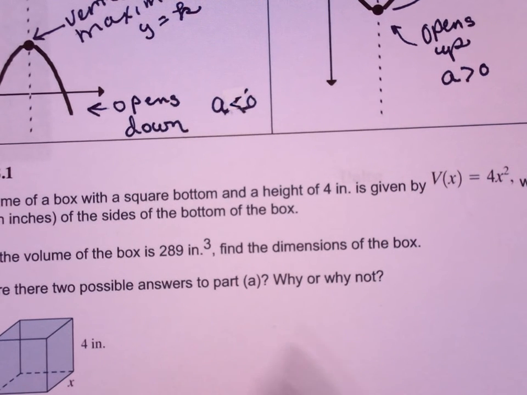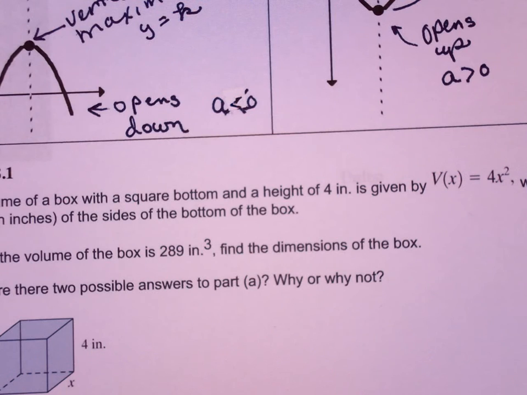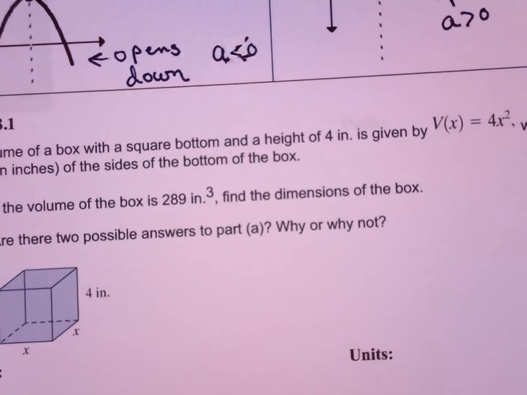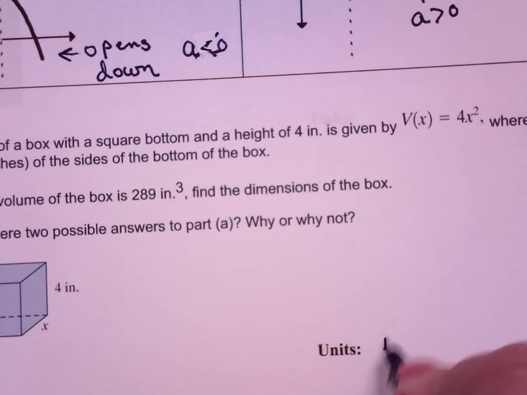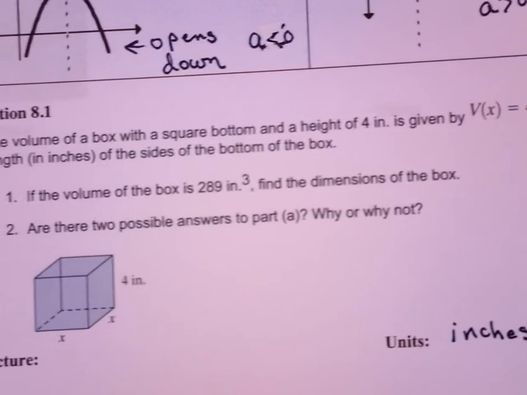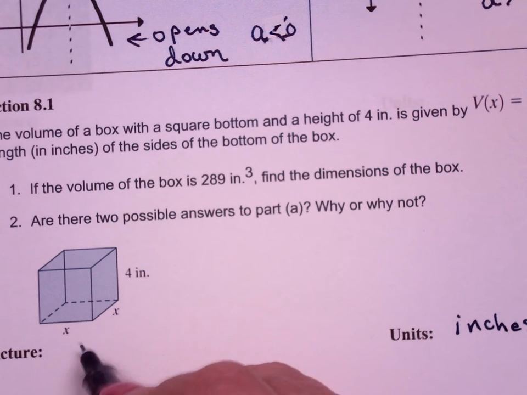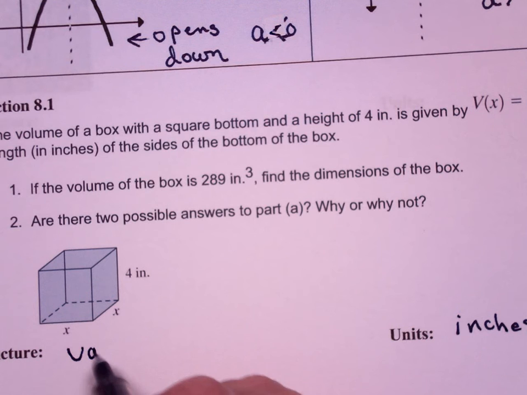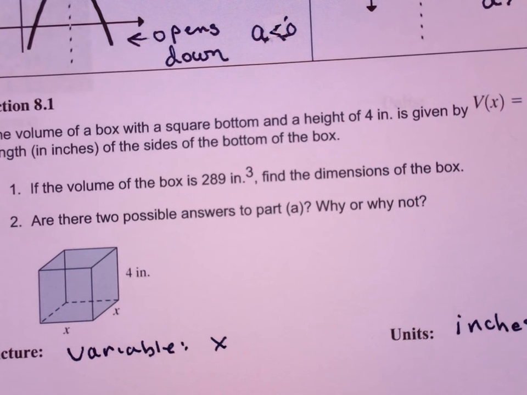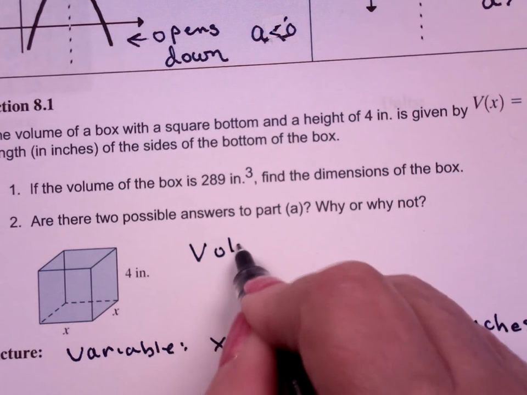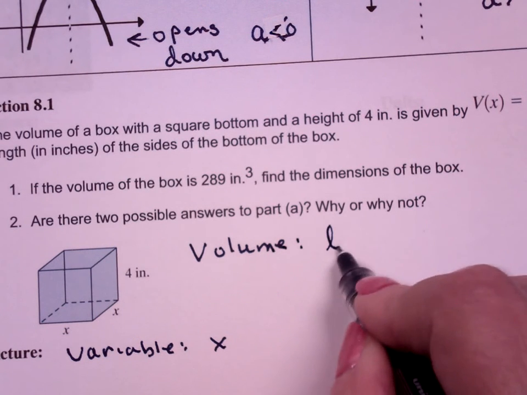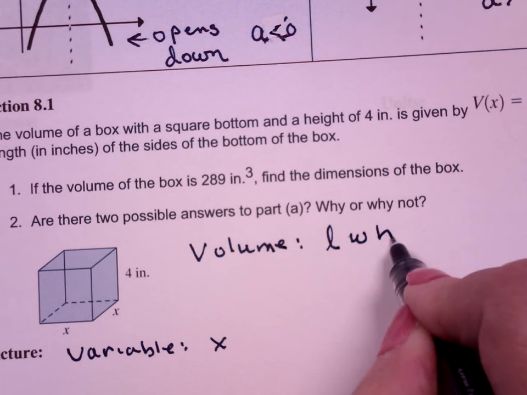So the box has a square bottom. The height is 4 inches, and the units are inches. Here's your picture, and your variable is x. Anytime you're looking at the volume of a box, it's length times width times height.